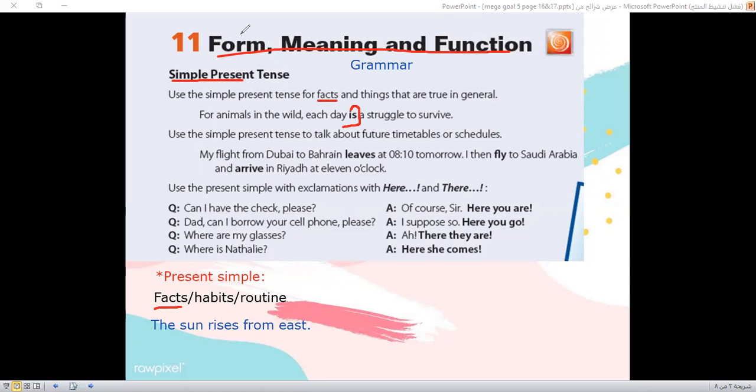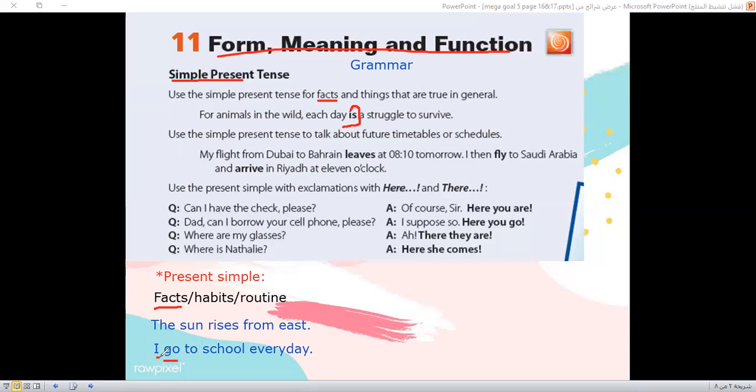Now, what about habits? If I say something as a habit, I have a verb as verb 1: I go to school every day. This is a habit for me, right? So I write the verb in the present simple, as you can see.